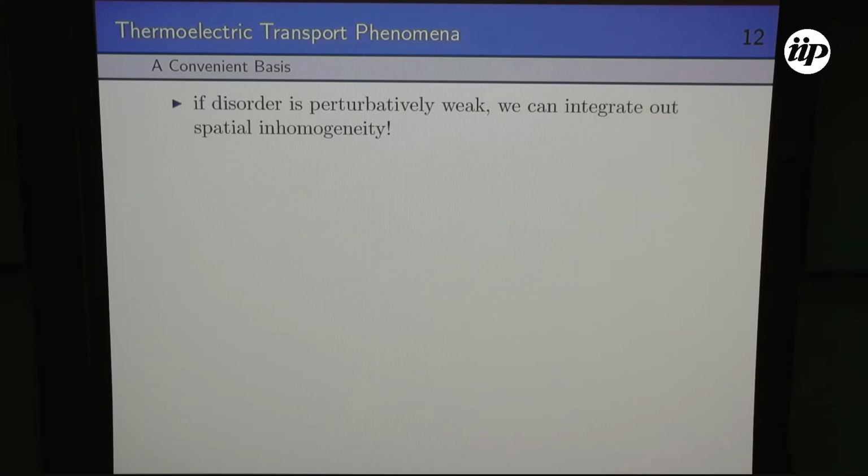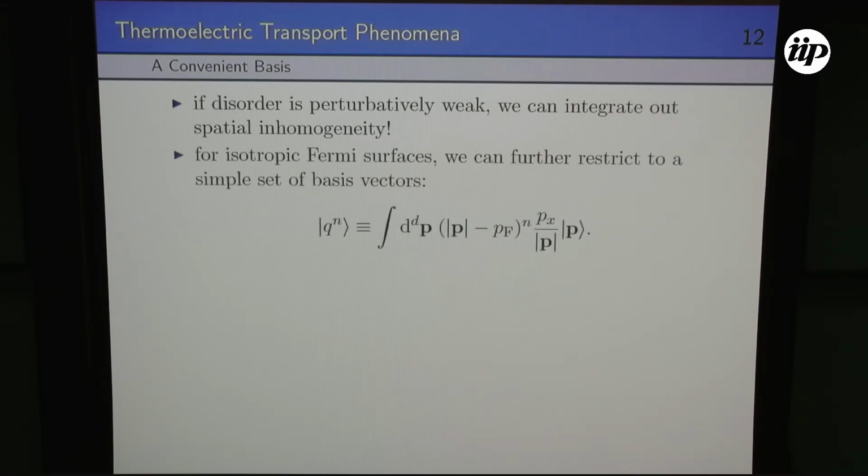So we can integrate out the disorder. We get an effective collision integral that now only depends on the momentum indices in our kets. And the next thing that we can do is essentially realize that our effective collision integral will be block diagonal. And so we really only need to keep track of a small set of radial basis vectors.